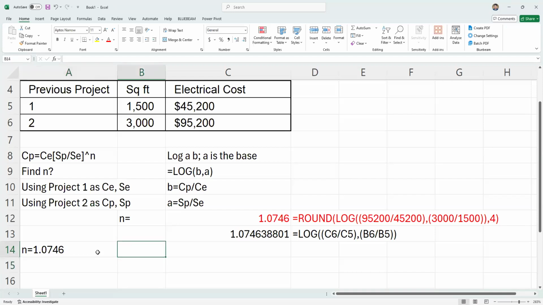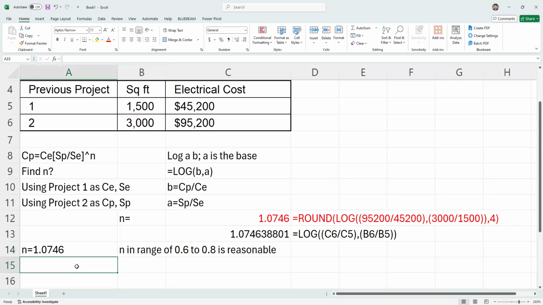But I told you the n in the range of 0.6 to 0.8 is reasonable. So in our case, the n is out of this range, right? Doesn't matter because this is my make up quiz. Okay, so we're finding this one.